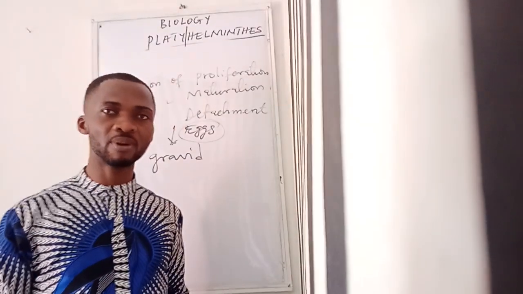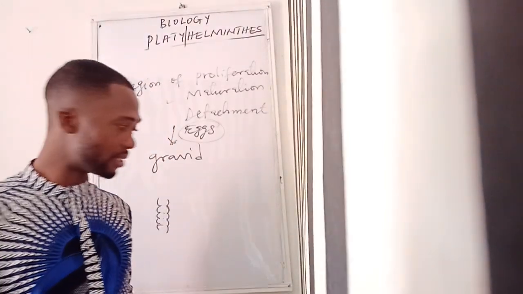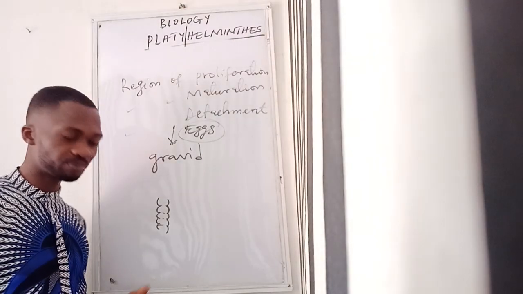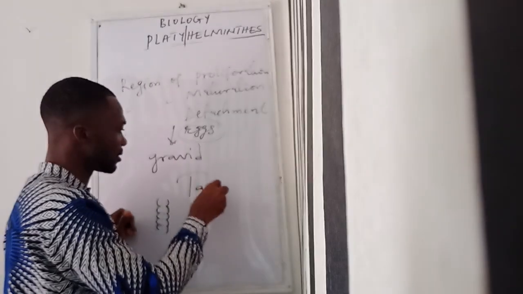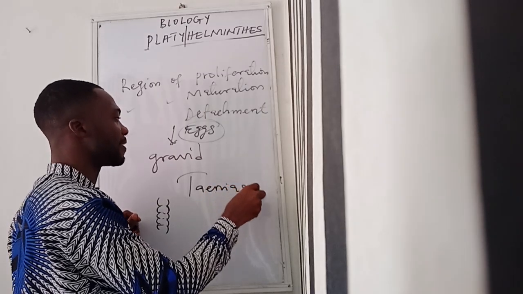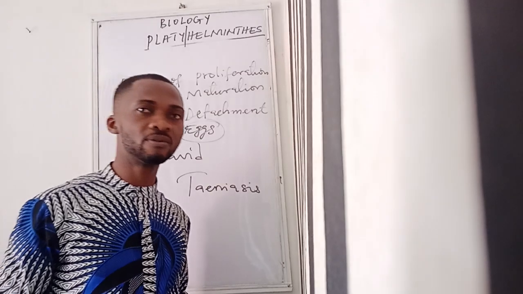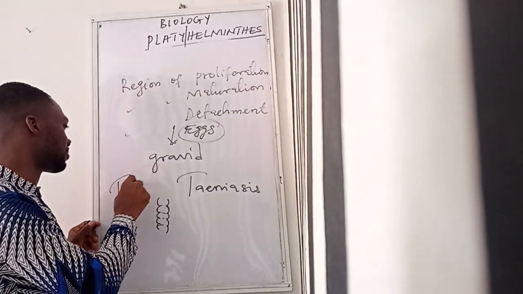I mean, during the course of the life cycle of this parasite. So when you view the feces of an individual that is suffering from teniasis, that is the name of the disease for Taenia sp.